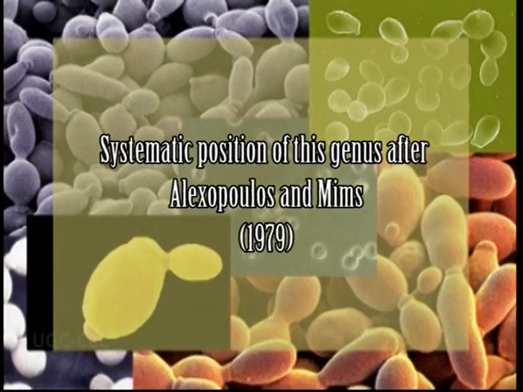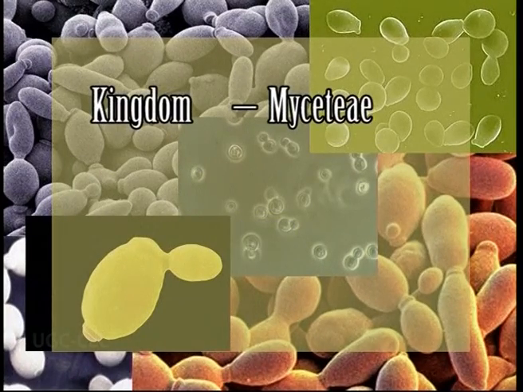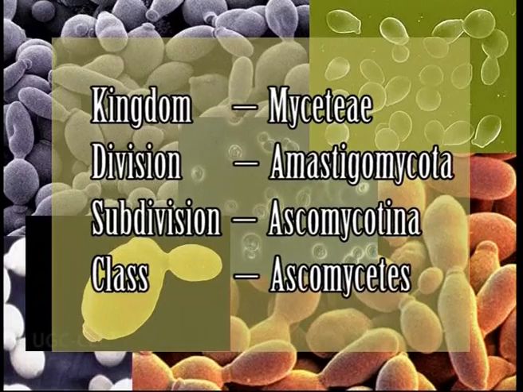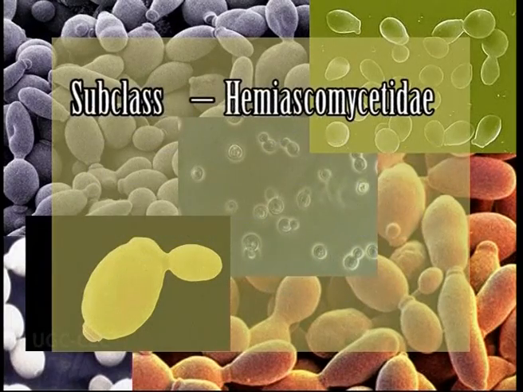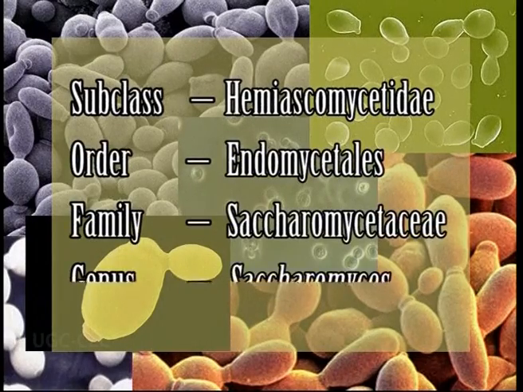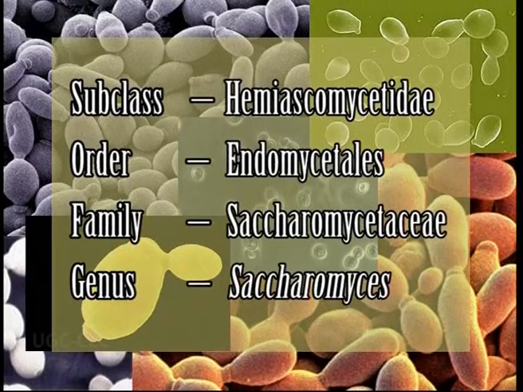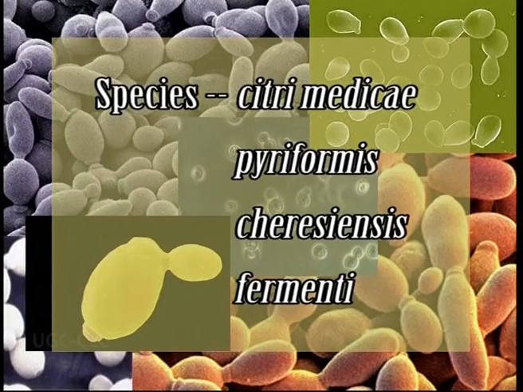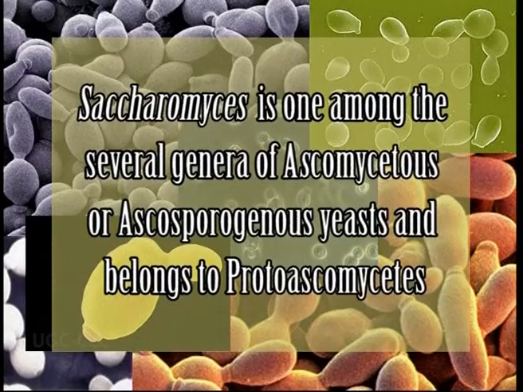The systematic position of this genus after Alexopoulos and Mims is given as Kingdom Mycetae, Division Amastigomycota, Subdivision Ascomycotina, Class Ascomycetes, Subclass Hemiascomycetidae, Order Endomycetales, Family Saccharomycetaceae, Genus Saccharomyces, Species cerevisiae, carlsbergensis, bayanus, pasteurianus, diastaticus, pyriformis, fermenti, etc.